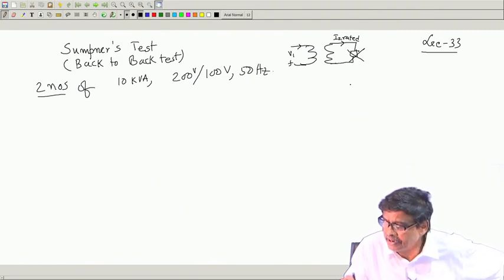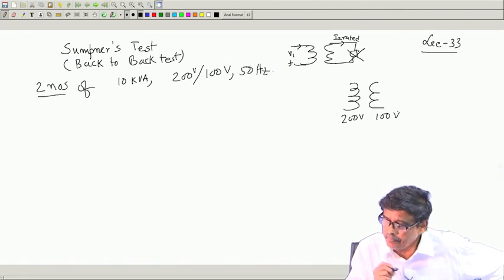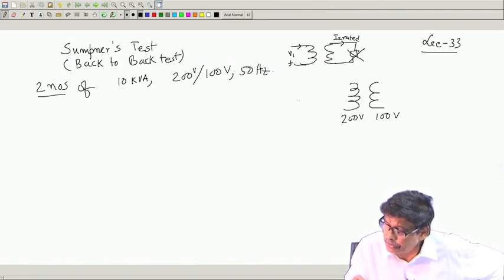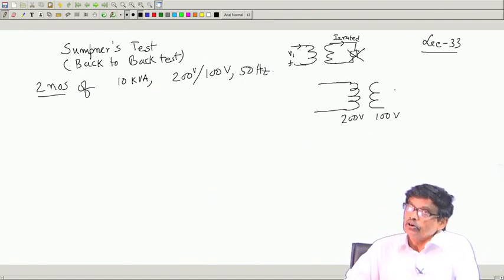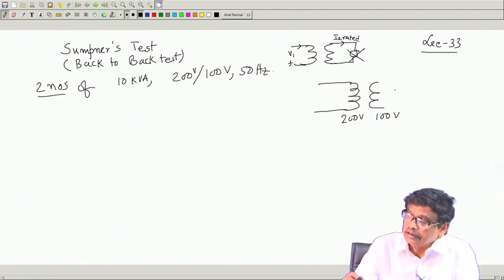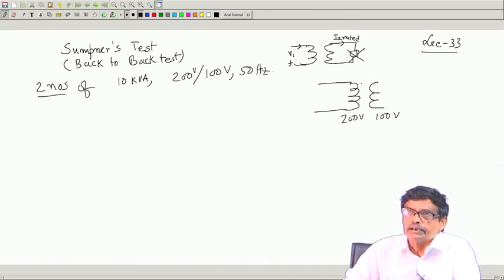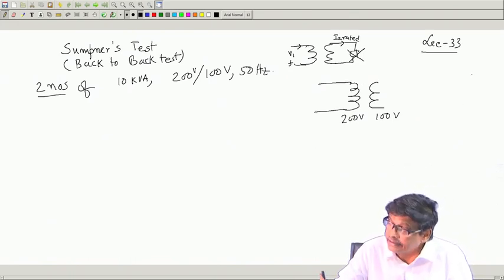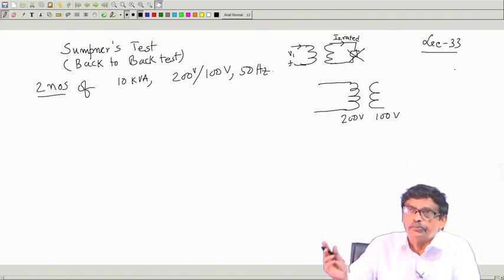Suppose you have a transformer rated 200 volt and 100 volt. Here the dot convention is not known. Theoretically I know what it means to put a dot here or there, and I can also ascertain it without any test, provided you know the sense of the winding.